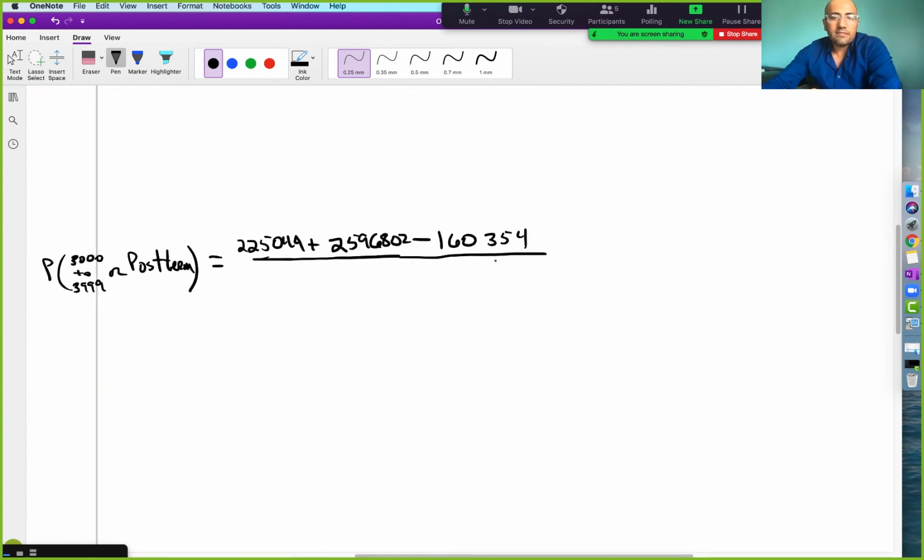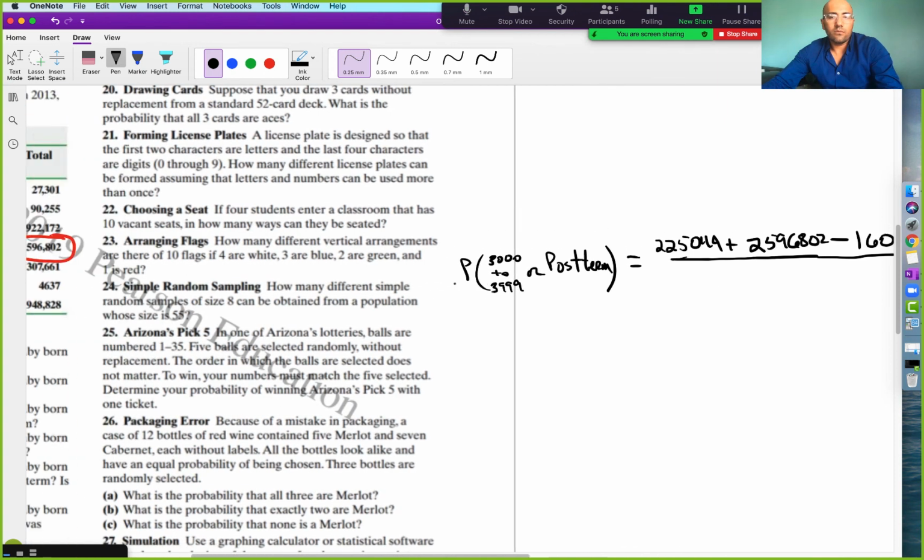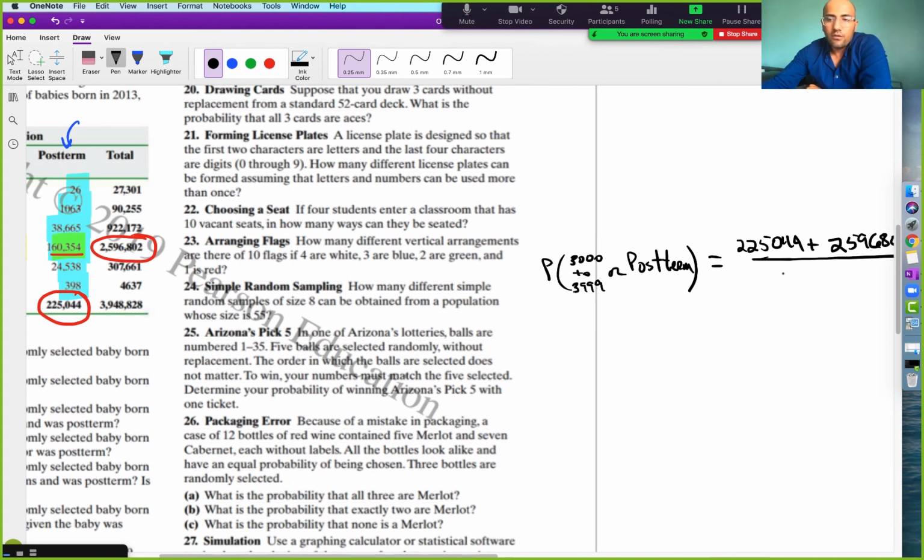And all of that gets divided by the total, which was 3,948,828.